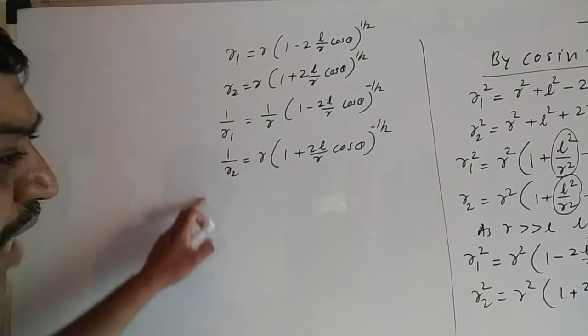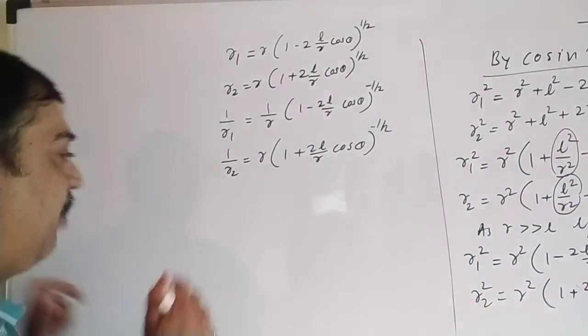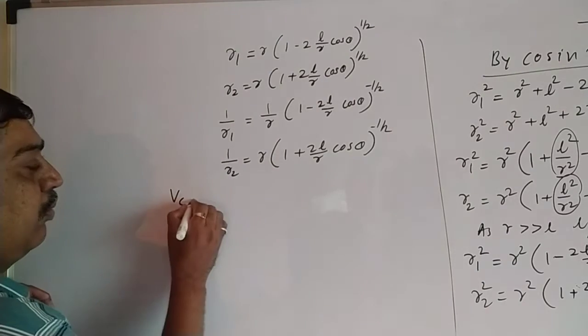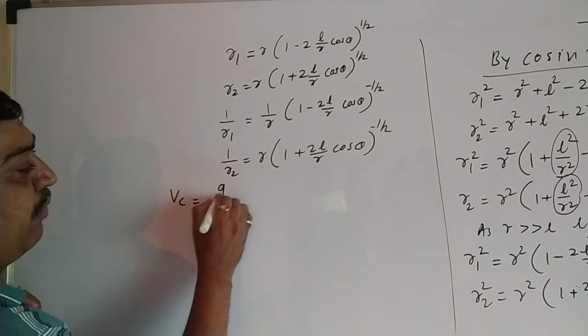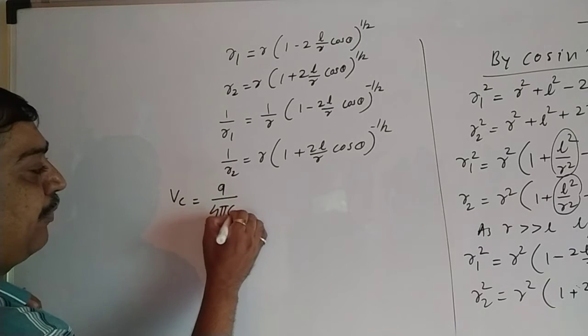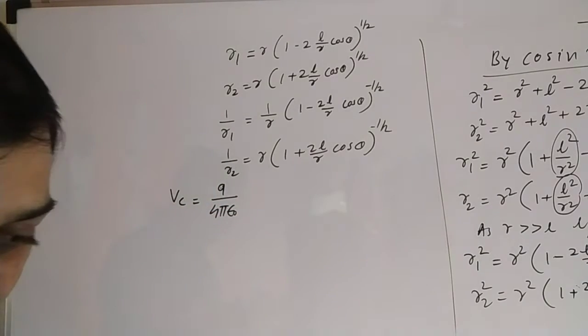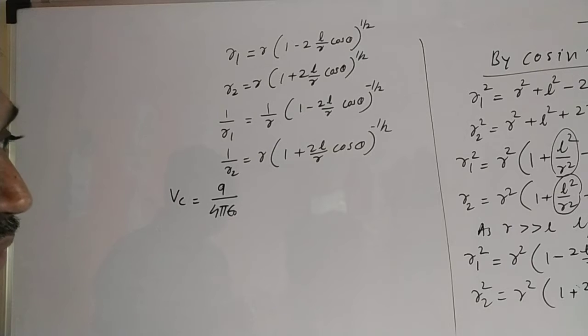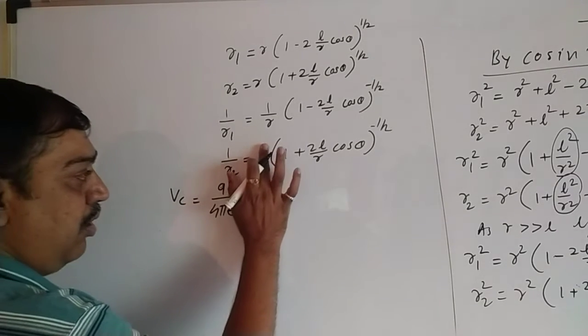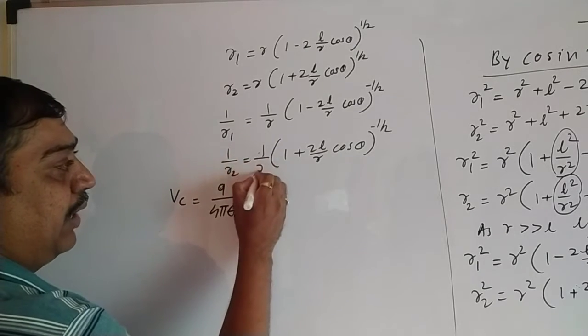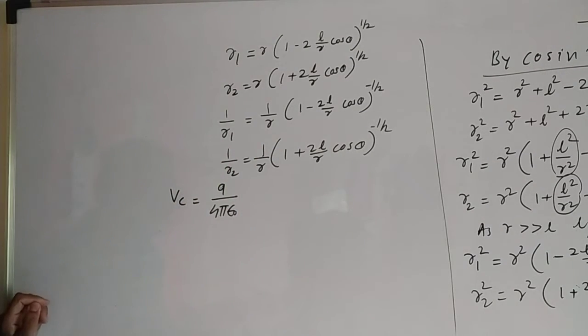Just put this 1 by R1, 1 by R2 in equation 1. What we get? Vc equal to Q divided by 4 pi epsilon 0, that is the common term we have taken. Then 1 by R1 minus 1 by R2 we have to take. Remember, here this term got wrong. This should be 1 by R, because we have taken this as a reciprocal.